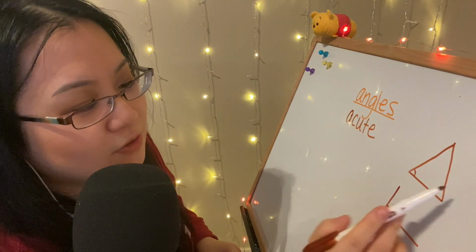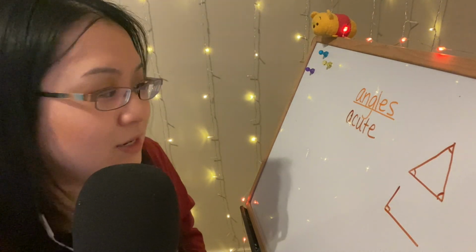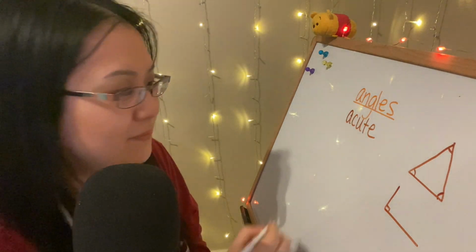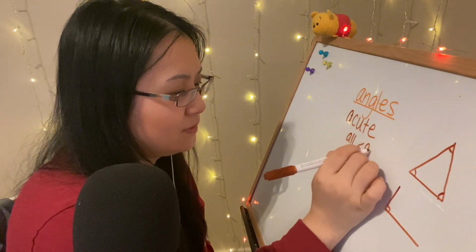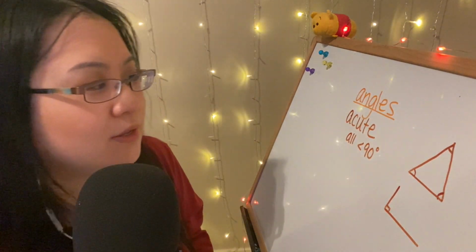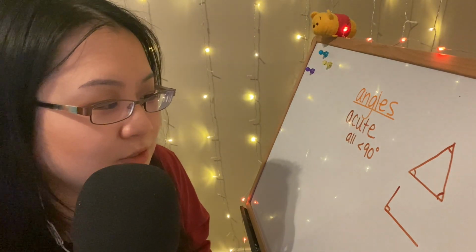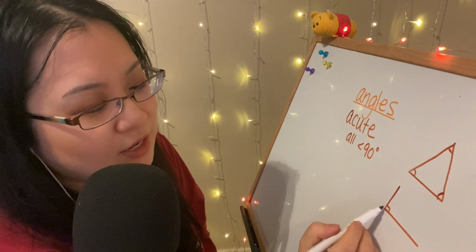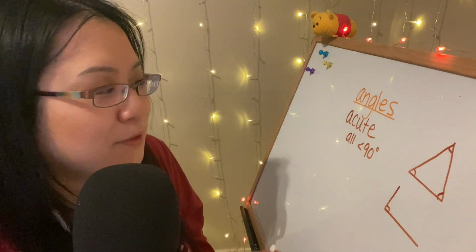So these are all less than 90. That's an acute triangle. If we have a right angle, then it's a right triangle.